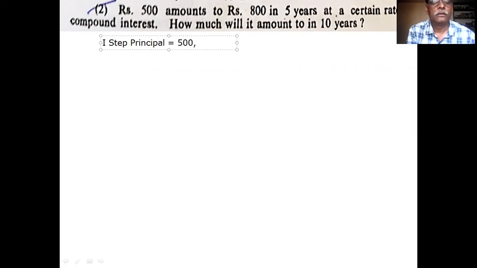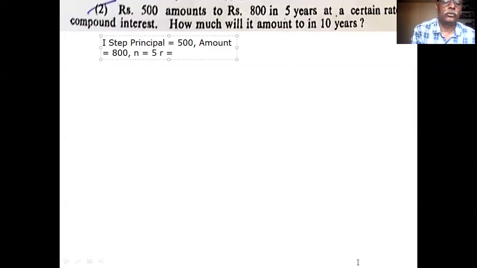Then amount is equal to 800 and n is equal to 5. Then r is equal to question mark.